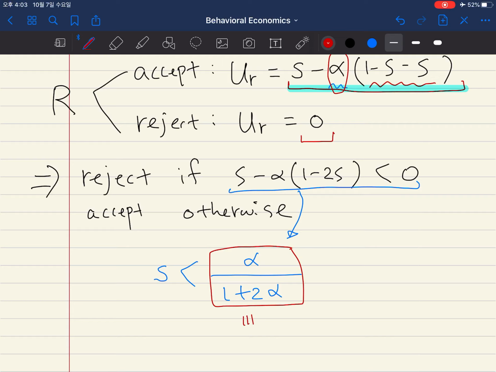Let's define this fraction as a number S upper bar. As we can see, this fraction depends on alpha parameter, so S upper bar is a function of alpha. And we can see that this number is less than half. So how do I know?